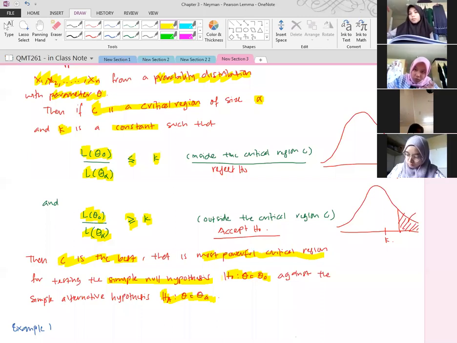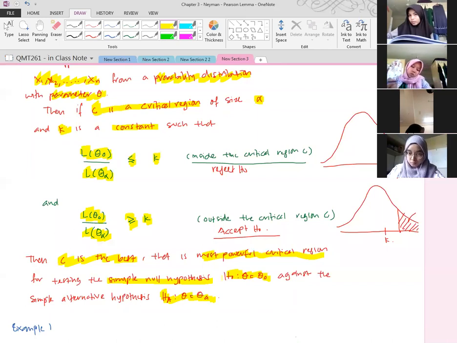If you don't have a simple hypothesis, you cannot fit into the formula and you cannot get the most powerful critical region. If you have a composite hypothesis, you cannot estimate the accurate critical region because the value of the parameter is not unique.